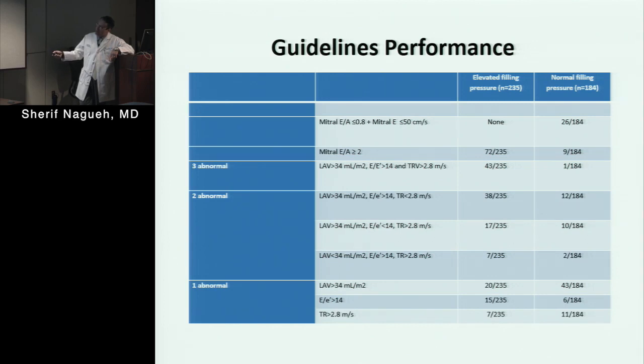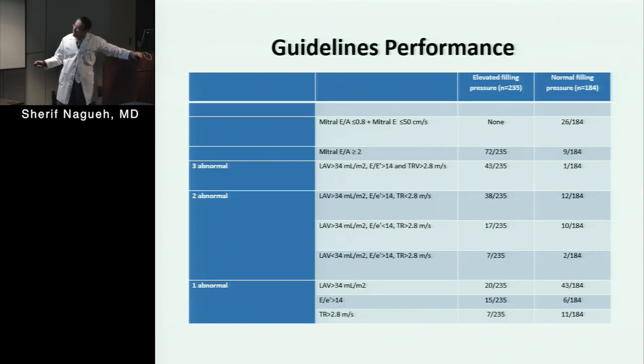Only 1 patient with normal filling pressure had 3 abnormal findings. This person had a wedge pressure of 12, and that's the situation. How about 2 abnormal findings? You can see that more cases with elevated filling pressures had 2 abnormal findings than cases with normal filling pressures had 2 or more abnormal findings.